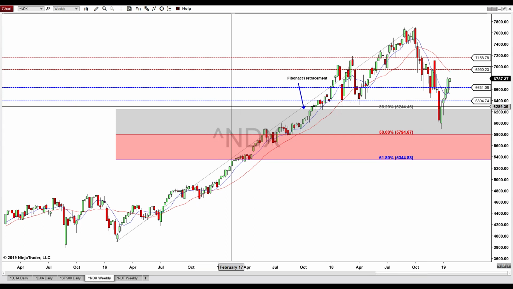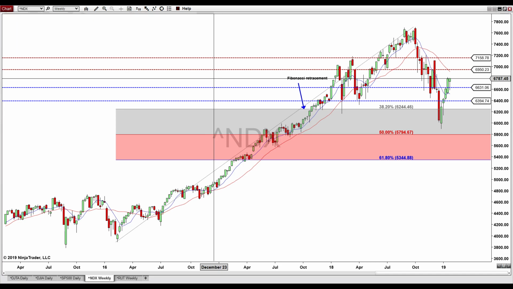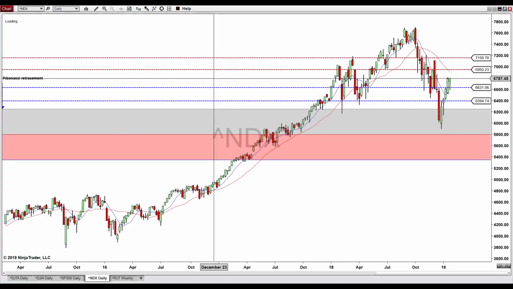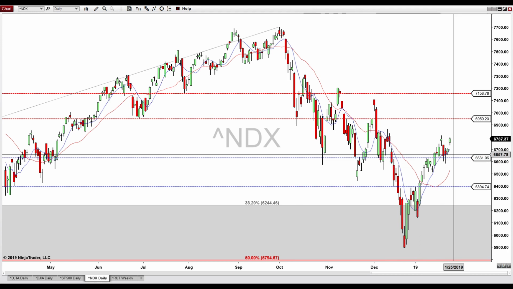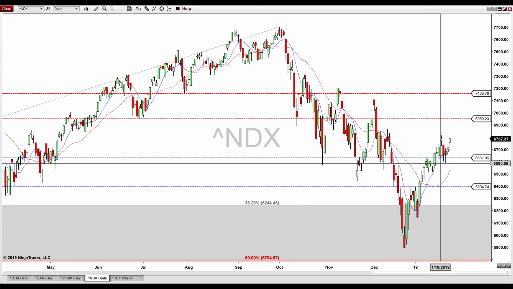And if we take a look at the daily chart here, you can see that the daily also got a little bit of a gap from last Friday. So pay attention to that gap to see if it gets filled next week before it maybe comes up and pushes to here at the 69.50.23. Now, if it breaks this support here, this 66.31, then essentially I'm looking for this thing to possibly come back down to this 63.94.74 for a potential retest.